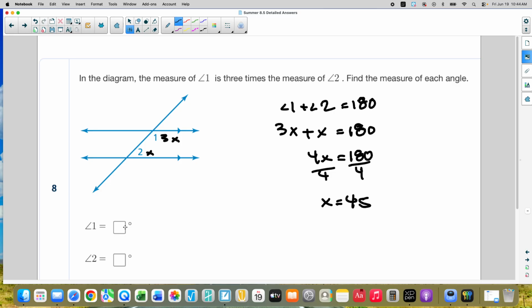So angle 1 is going to be 45 times 3, which is 135. 45 and 135. I think that's correct. Yeah, those are not the cleanest of numbers, those boxes. I don't know how you're supposed to fit 135 degrees and 45 degrees.